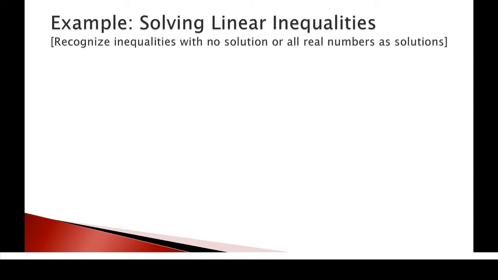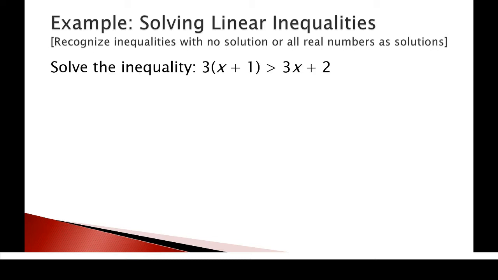Let's look at another example. Here it says solve the inequality 3(x + 1) > 3x + 2. Take all the x terms into one side and simplify. First, simplify brackets.